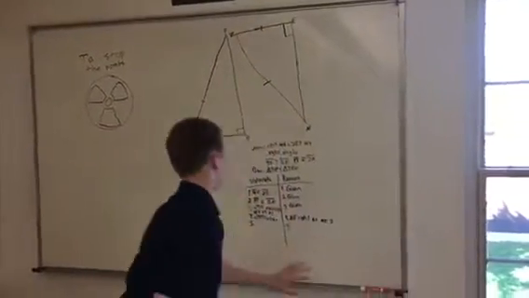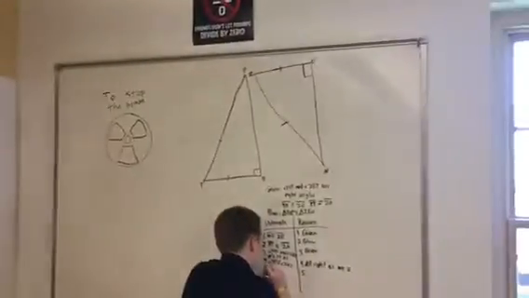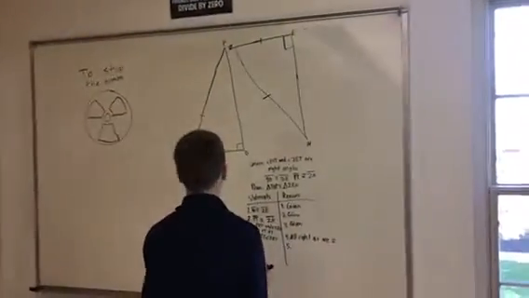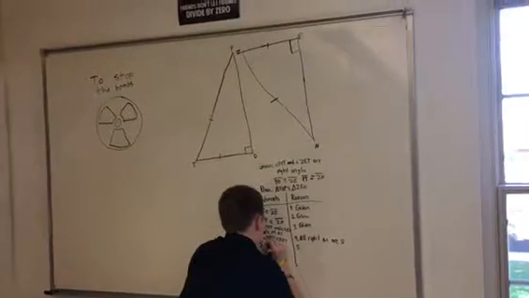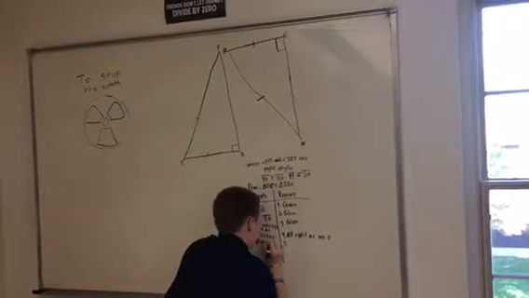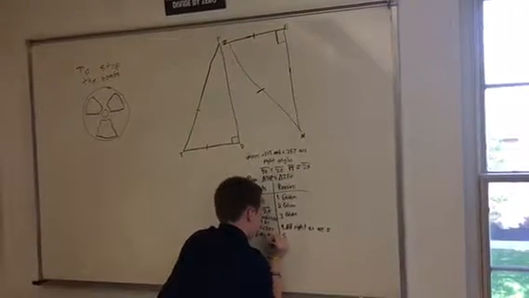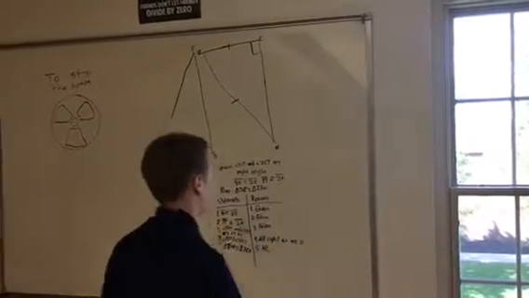And alright, we got triangle TOP is congruent to triangle ZEN. That is because of HL.